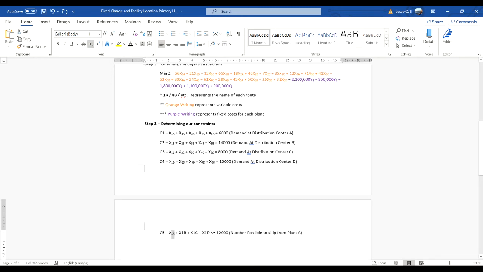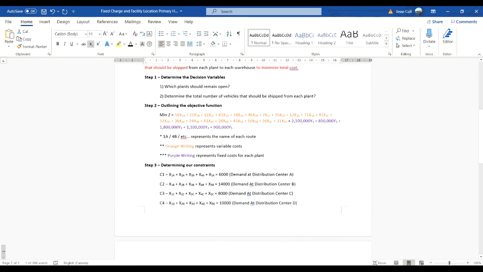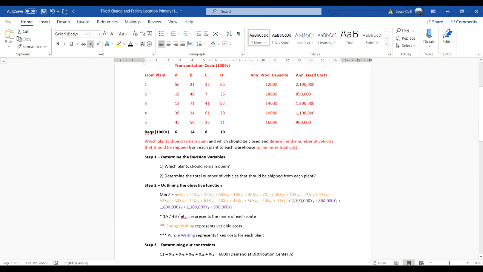Up here, we minimize, and I'll explain in 1 second, but we have X1A, X1B, X1C, X1D right here.